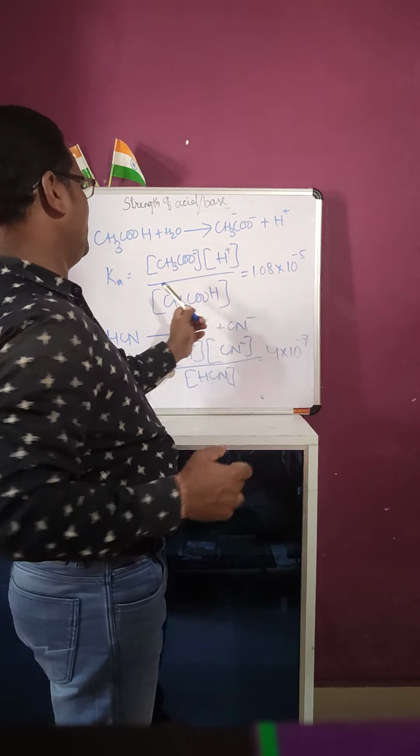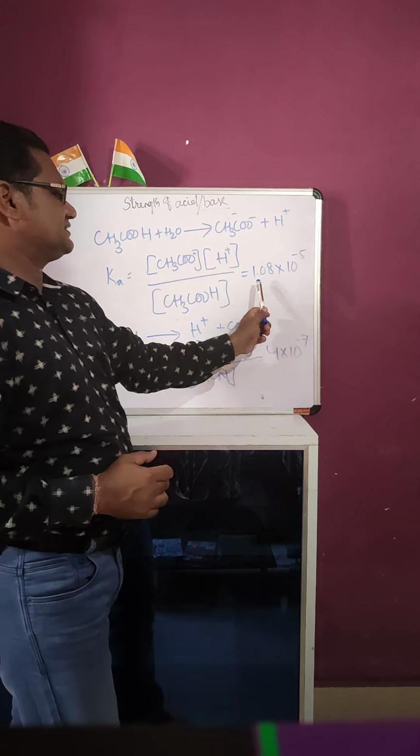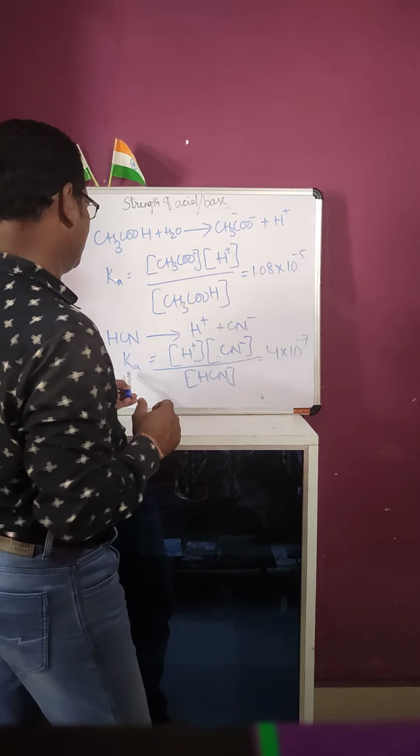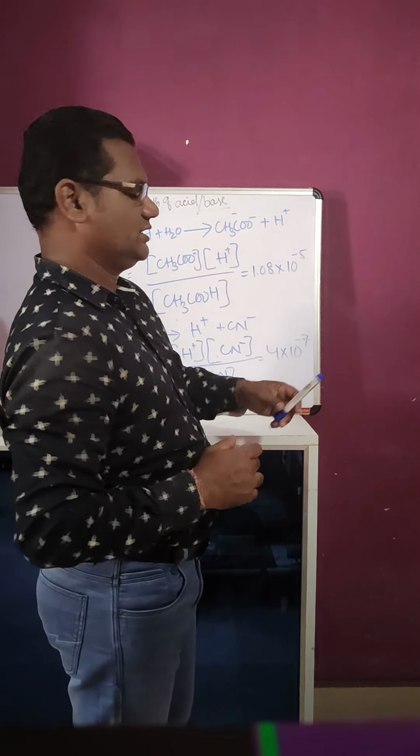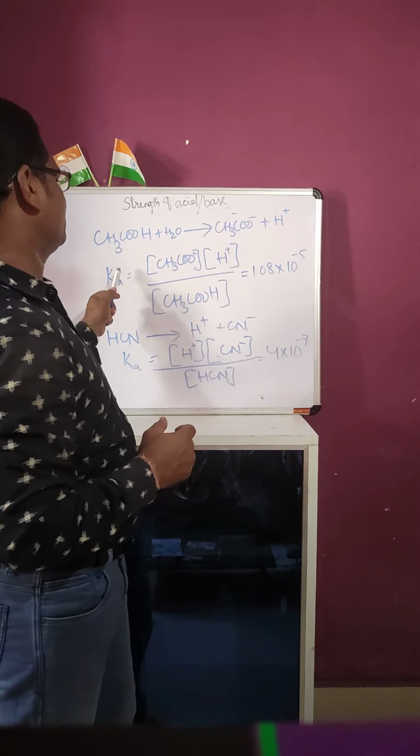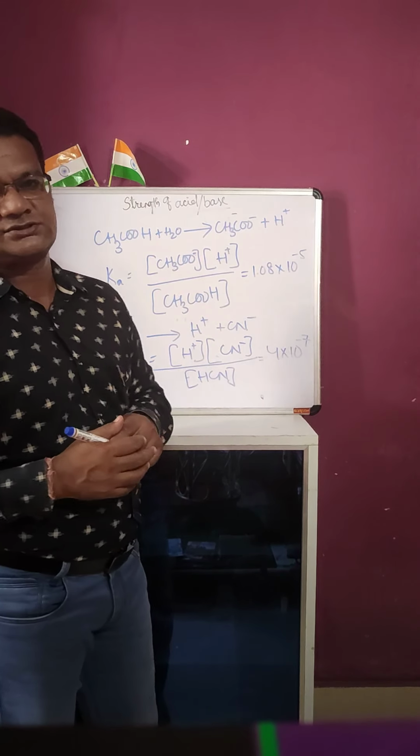Since the value of Ka of HCl is more than that of acetic acid, I can say that HCl is a stronger acid than acetic acid.